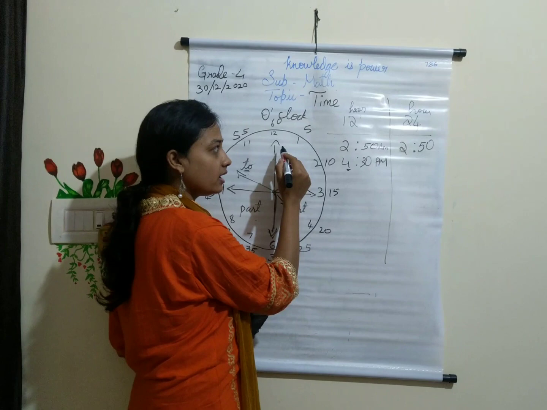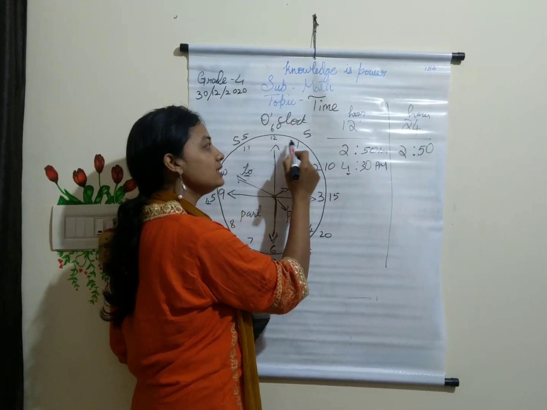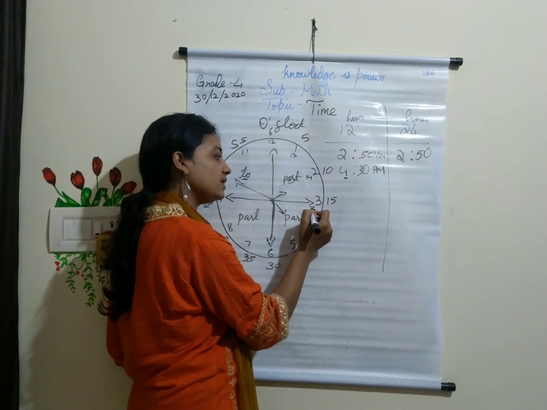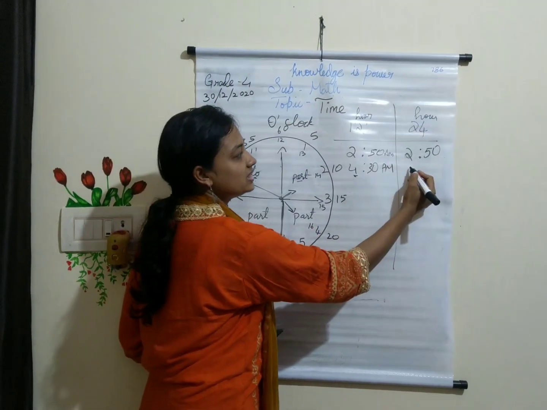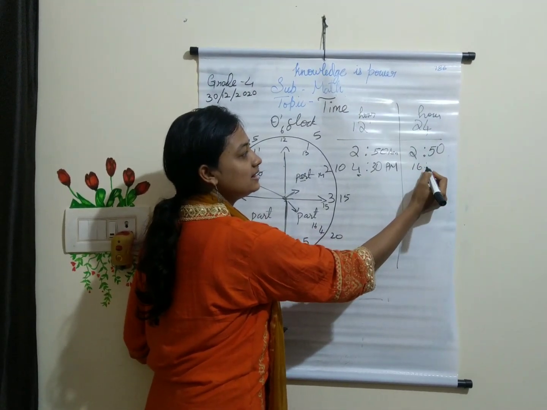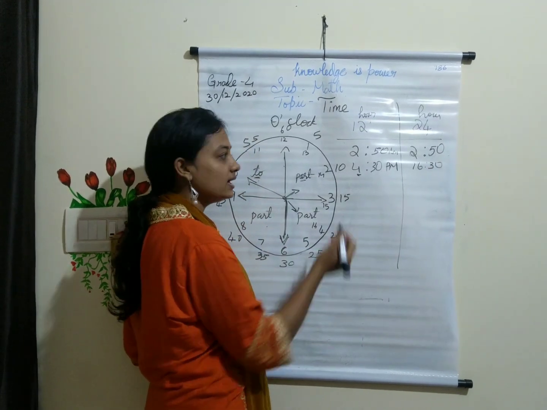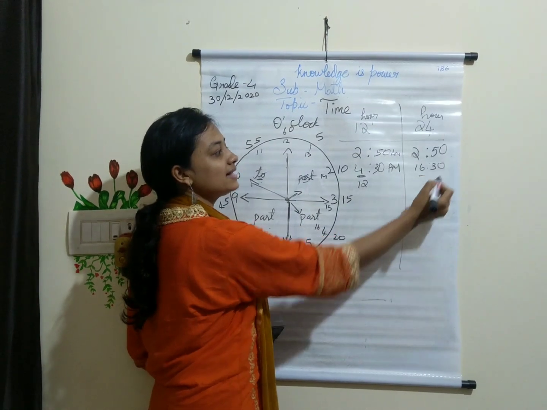So from the second round for 24 hours, you should continue after 12. After 12, this will become 13, 14, 15 and 16. So 4 will be 16. So I write 16 hours 30 minutes. Just you should add this hour with 12. You will get this answer.